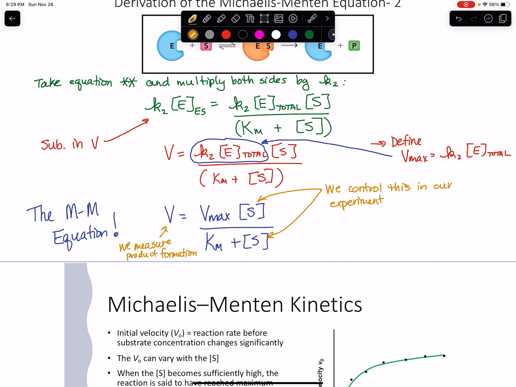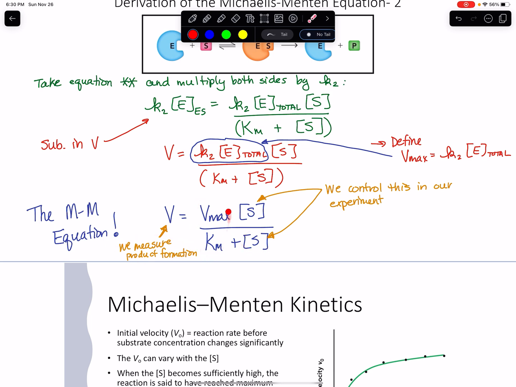Whereas many times we arrange things so that our product is colored so that we can look at the formation of color. There's lots of different ways of doing the measurements, but this is the thing we control over here. This is the thing we measure.